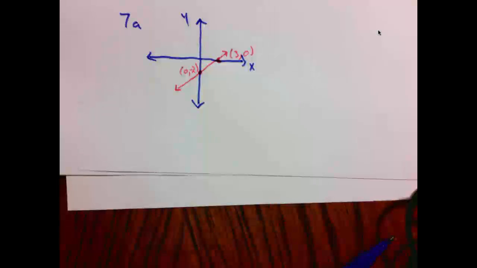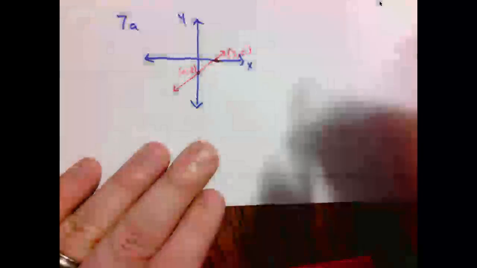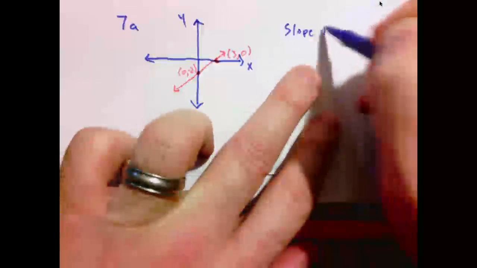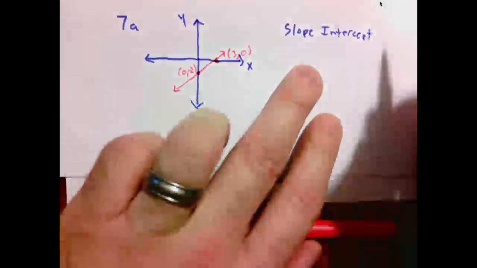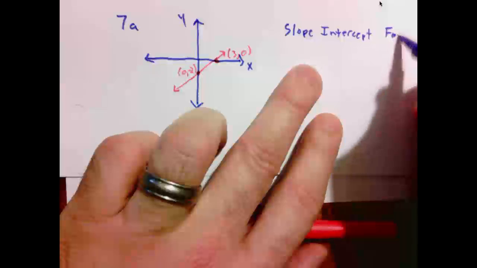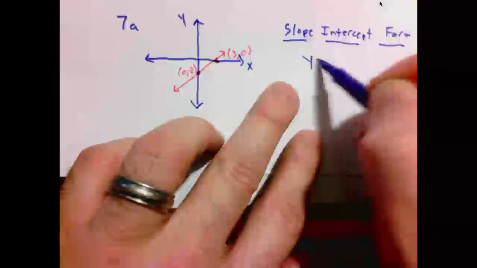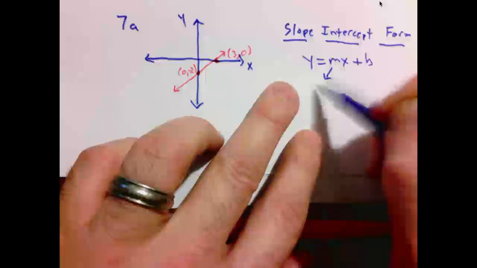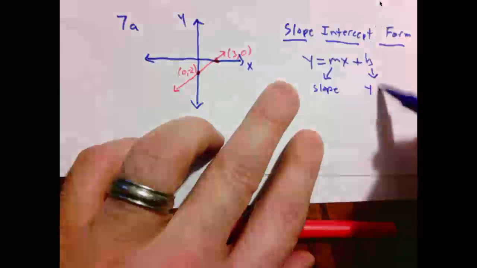Well, from our class notes, we know about slope-intercept form. Slope-intercept form is y equals mx plus b, where m is the slope and b is the y-intercept.